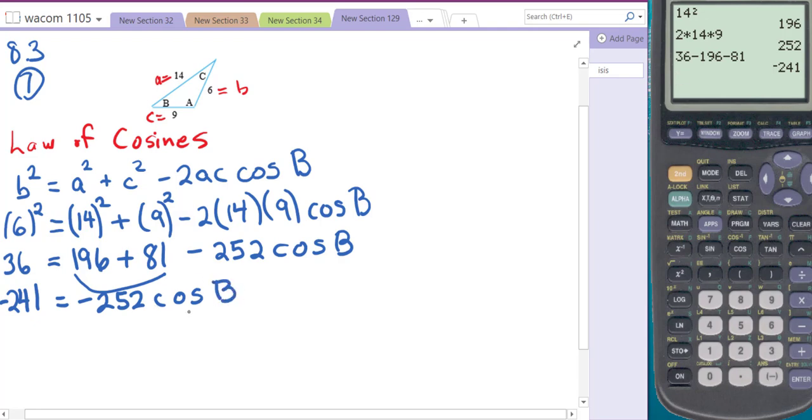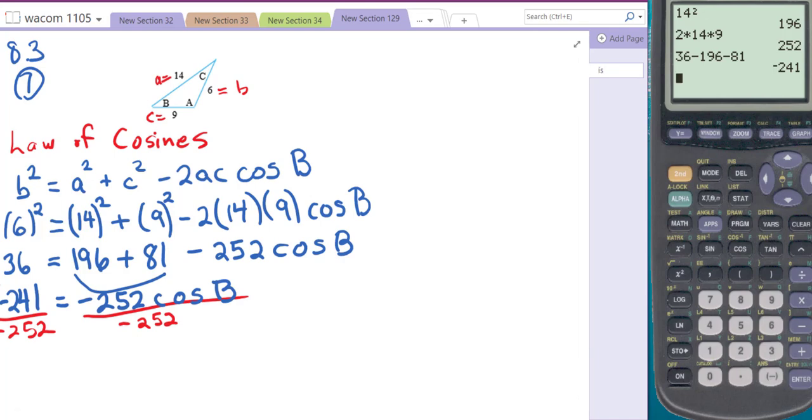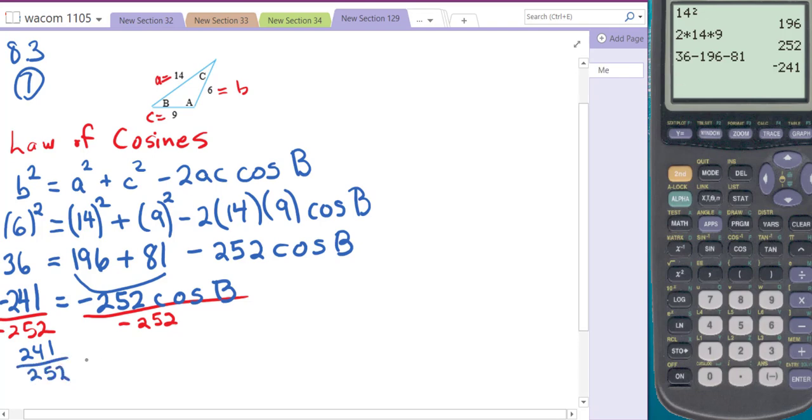I'm trying to get this B by itself, so I'm going to divide by the negative 252. All right, your two negatives will divide out. And so I have 241 over 252 equals cosine of B.